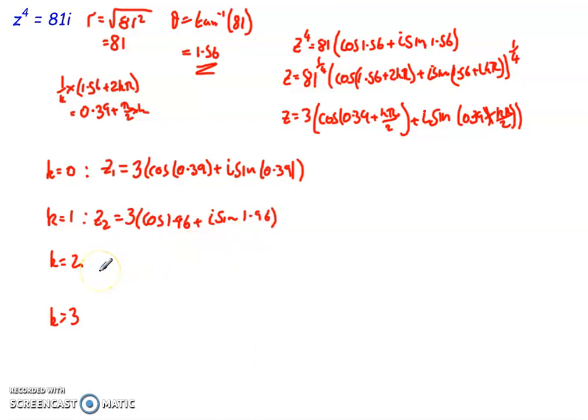Third solution, given by k equal to 2 being substituted in, z3, that's going to equal 3 bracket cos of 3.50 plus I sine of 3.50.